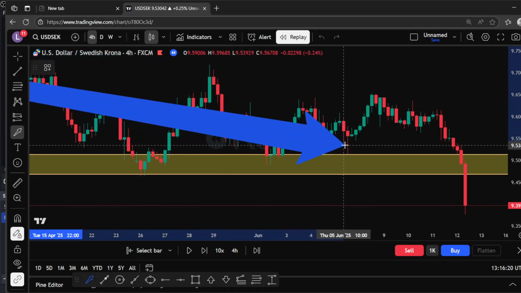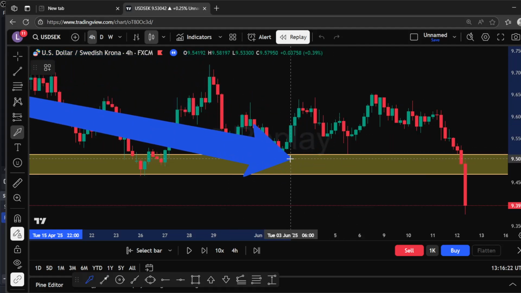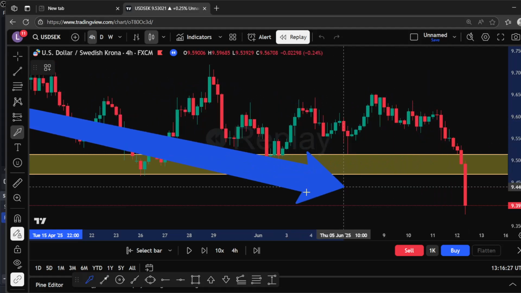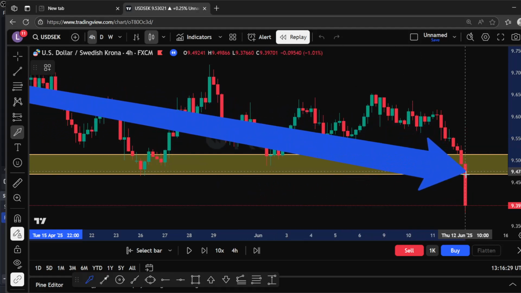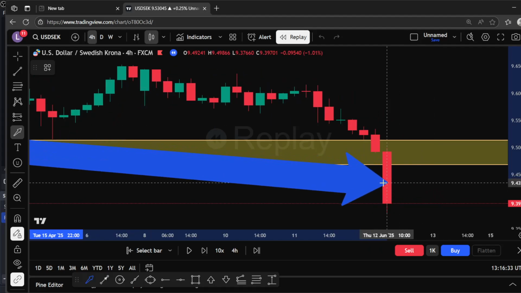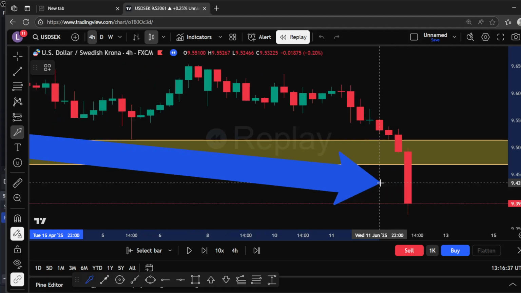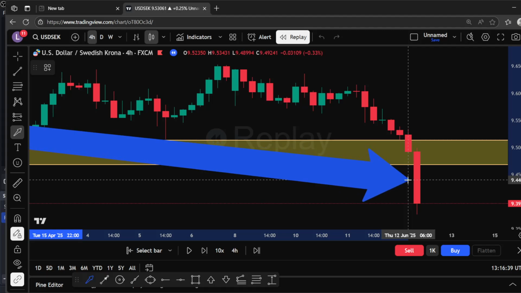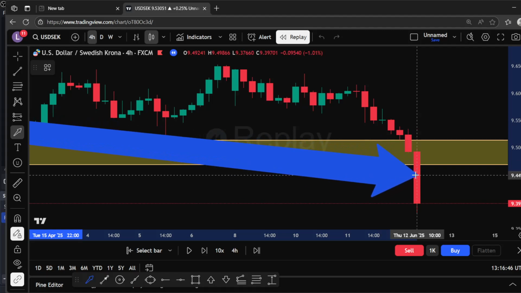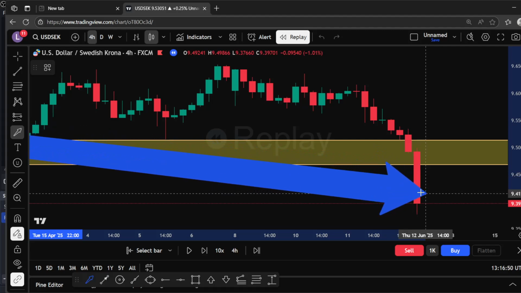If you've gone long here or long there, it is assumed that you were still holding on to your trade and your stops were taken out by this bearish engulfing candle. That's the first thing it did. The second thing this candle did was act as a breakout candle. For breakout traders, this is where they would jump in and take a sell trade to the downside.